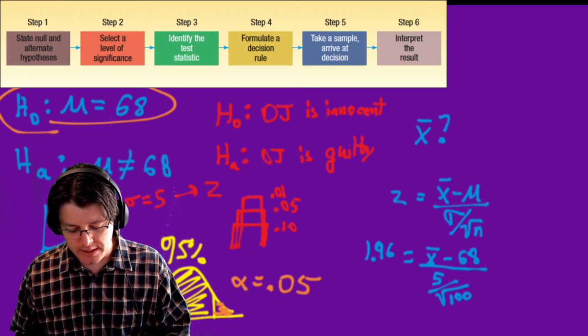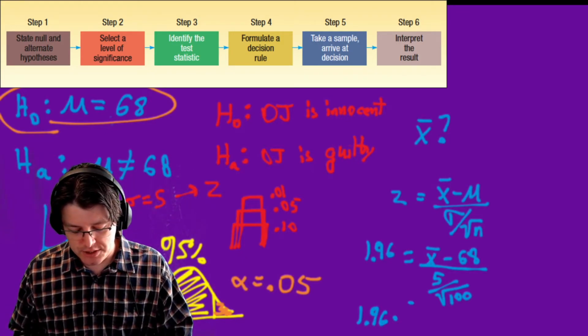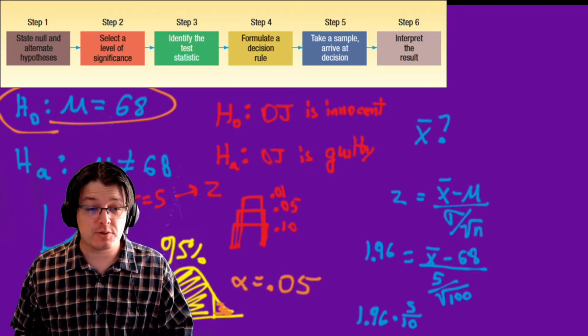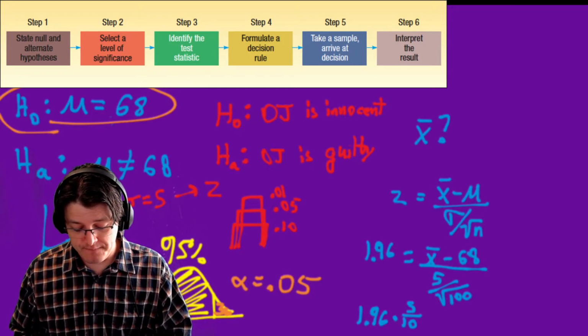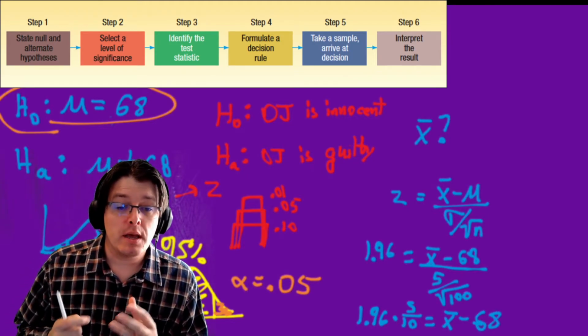So let's quickly finish this out. 1.96, I'm going to multiply by the 5 over square root of 100, which is 5 over 10, times x bar minus 68.